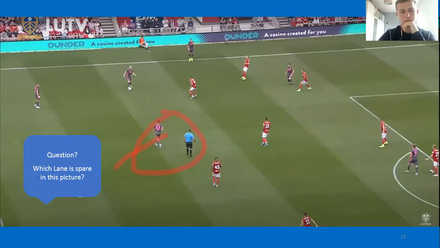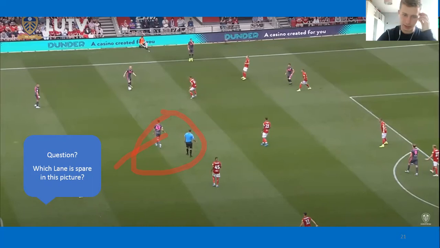Okay. Donald said the half space. Sol, lane 2, second lane from Pierce. Any more? Half space 2, left half space, Felix. Okay, yeah. So that is the lane 2, or the left half space.